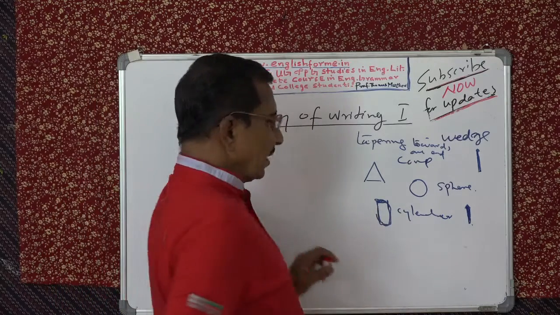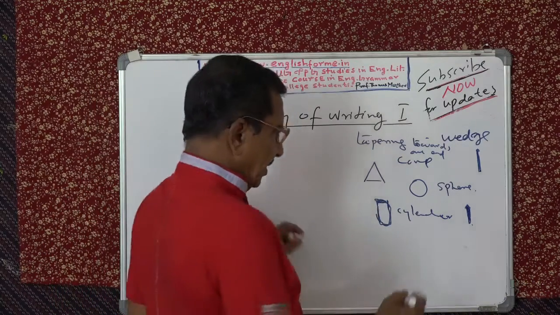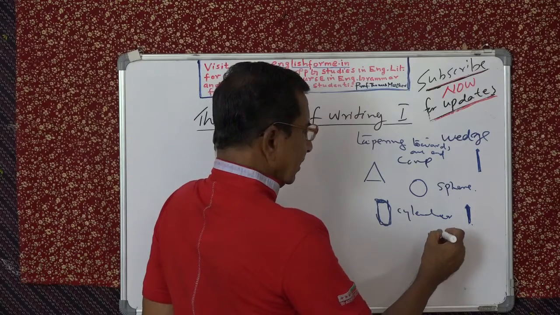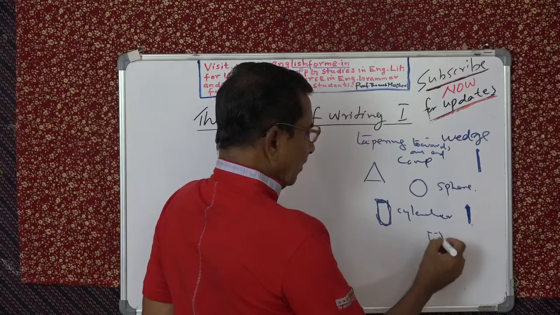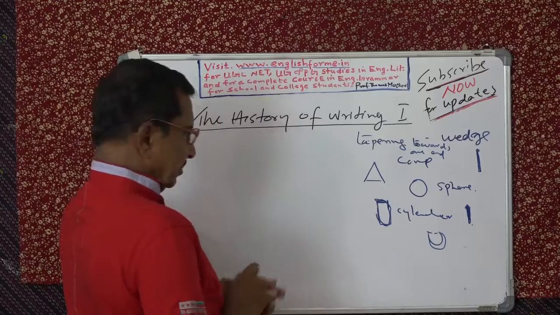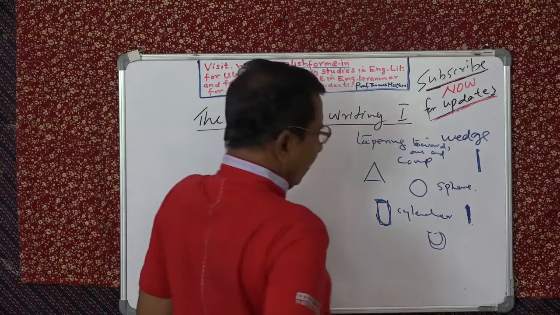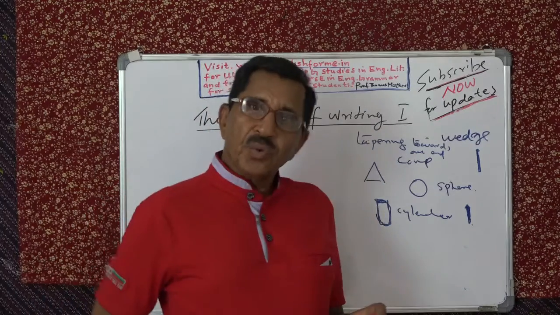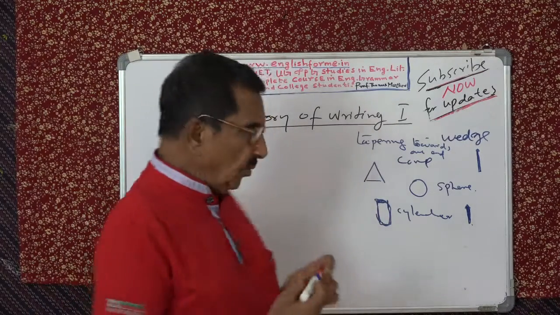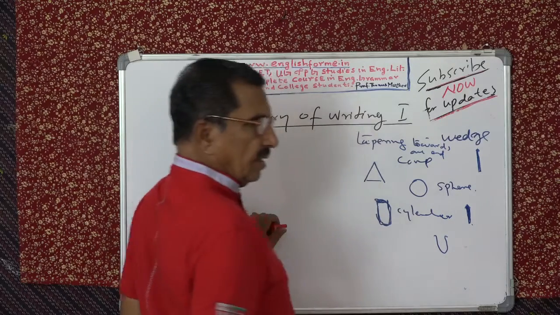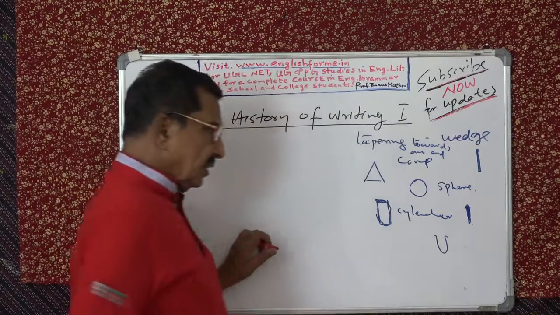And then jar shape, something like this, jar, or you say ovoid. I will show you exactly: U, the English U. So this is like a jar. English U is like a jar.